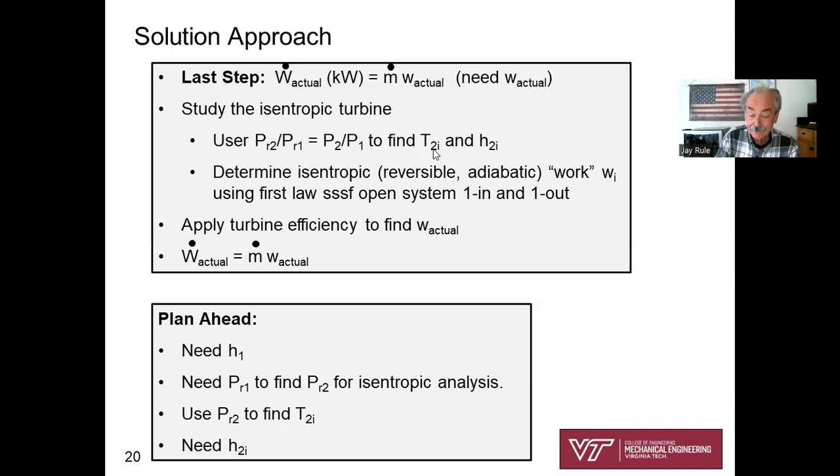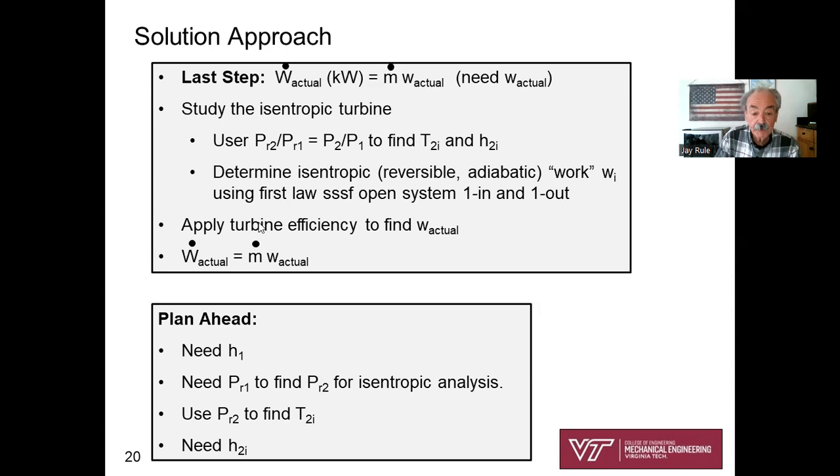More on that in a second. Once we find T2 isentropic, we can look up h2 isentropic. We will determine the isentropic work, w sub i. Once we've got h2i, we can look up h1.